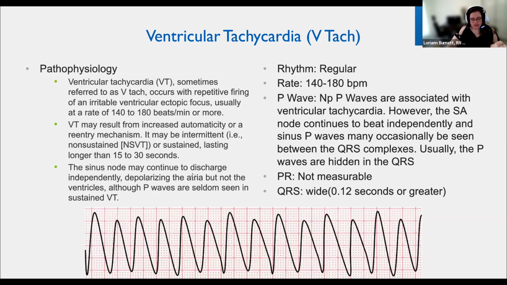Sometimes the atrium is contracting, but it's just not visible because of that. And the QRS is going to be wider than three itty bitty boxes, or 0.12 seconds. So, for example, from here to here, we got 1, 2, 3, 4, 5, 6, 7, 8, 9. 9 itty bitty boxes, which is pretty big, and you can tell it's noticeable.